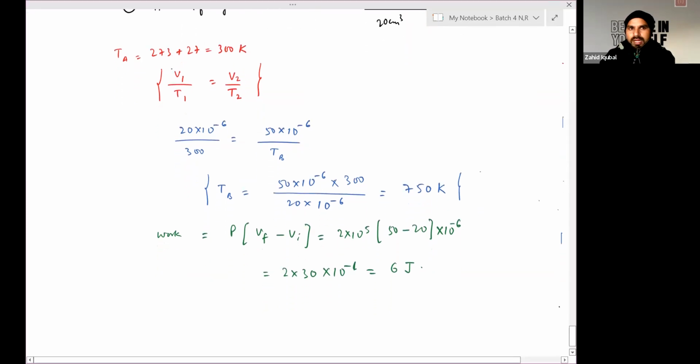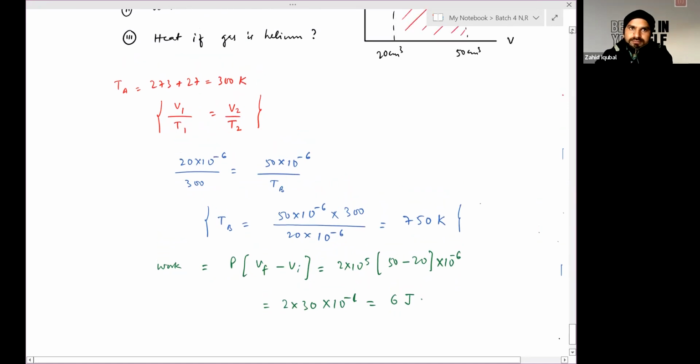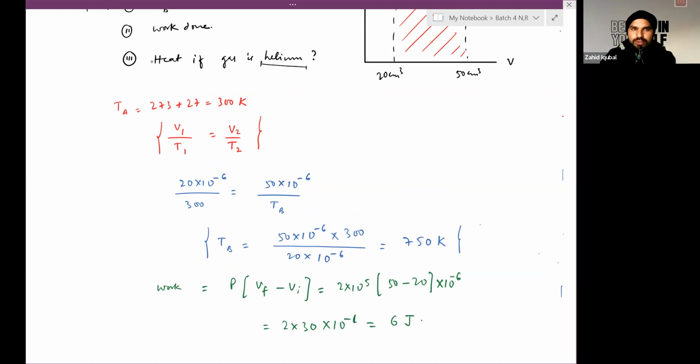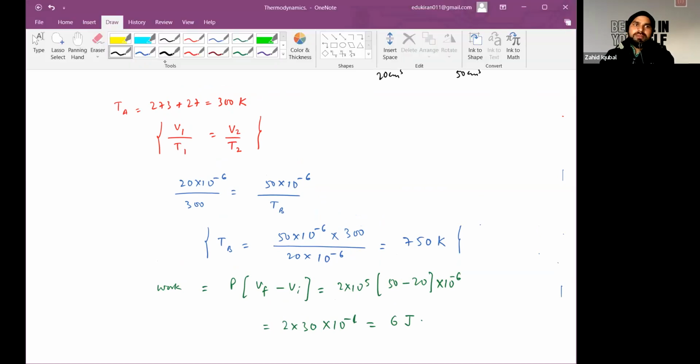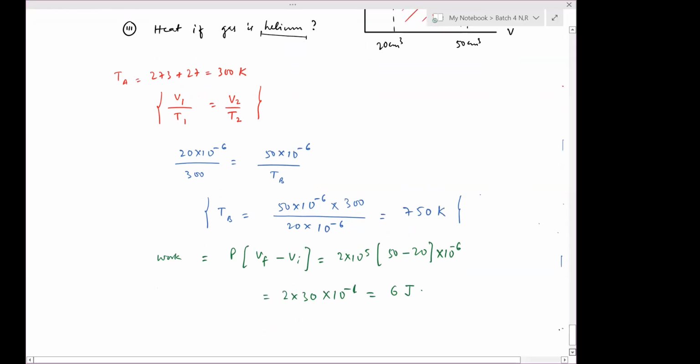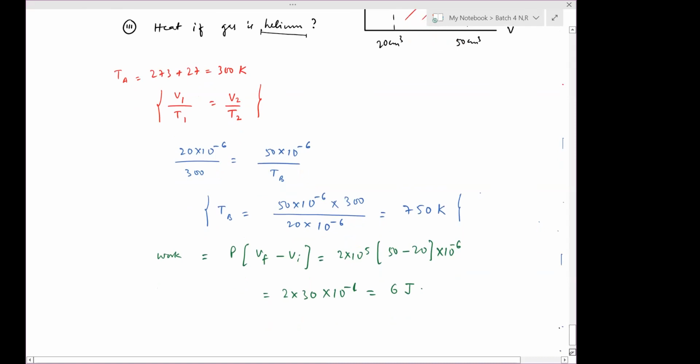Now we have to calculate how much heat is being supplied to the system for this particular process. We are given helium gas. Is helium monoatomic, diatomic, or triatomic? Gautam? It's monatomic helium. Good.